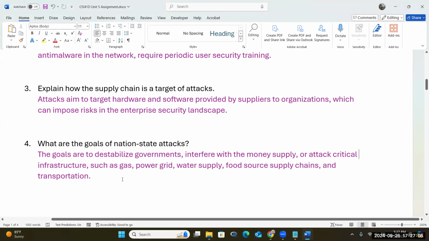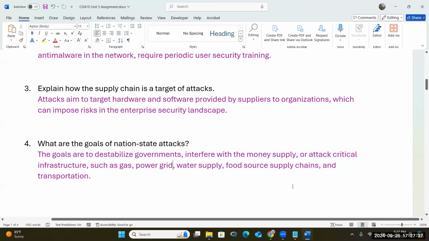A lot of our vehicles utilize gas for transporting goods, so we're looking at logistics systems that will be impacted. And then your power grid. Without that, people won't have power, and without power, we can disrupt a lot of things from business to everyday life, right? Water supply, food source supply chain.